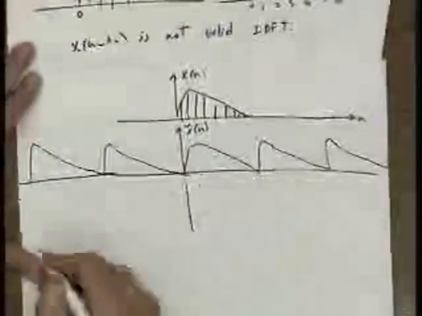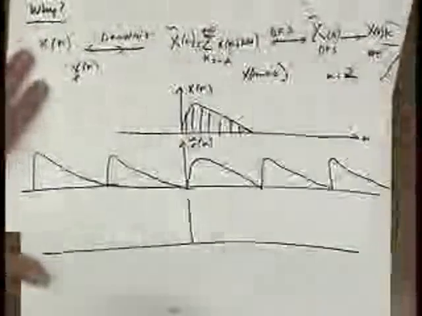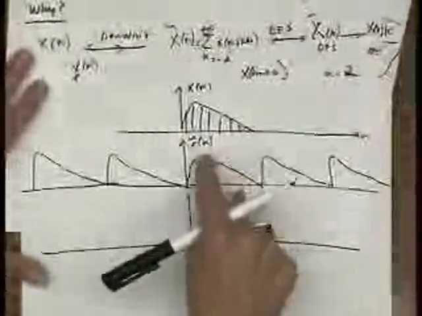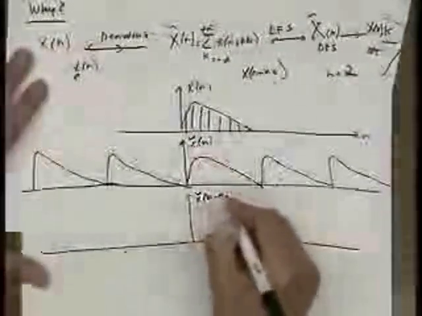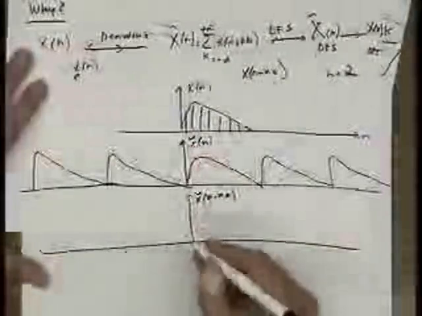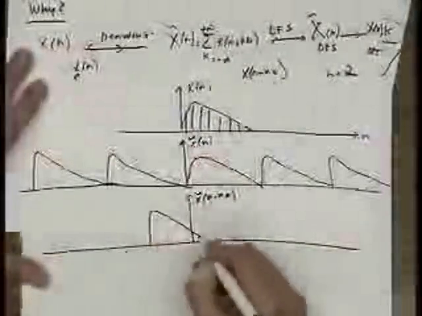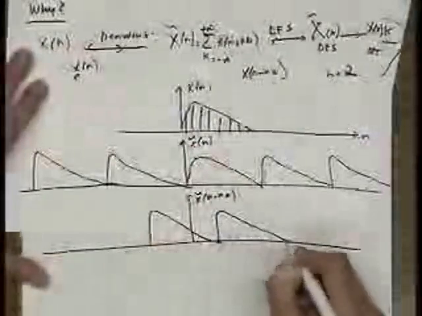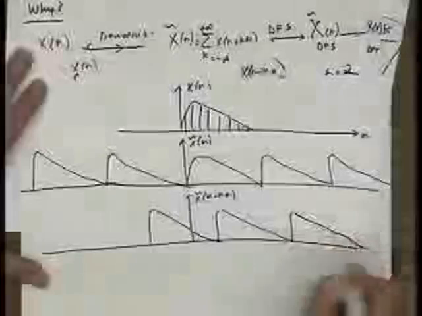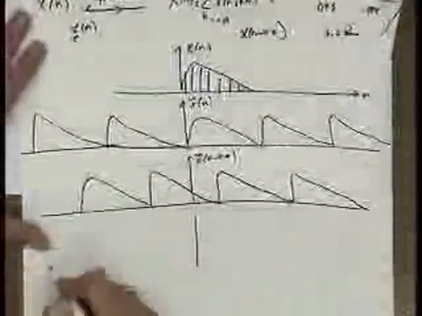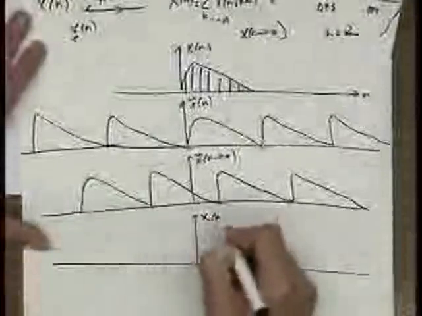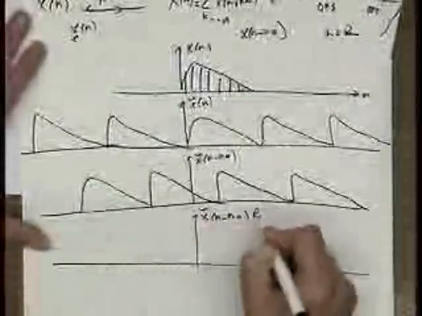Then going through this chain that we just talked about, I apply the shift property to this DFS, and everything holds true, so I get x of n minus n naught periodicized. So it would be this, and this, and this, and this. And then I take one period of it, x of n minus n naught times r sub n of n.